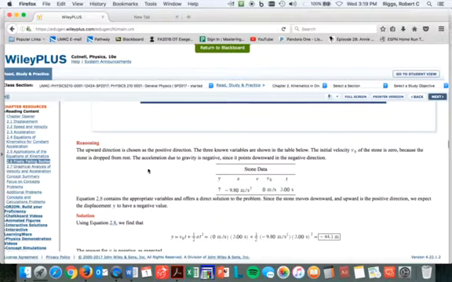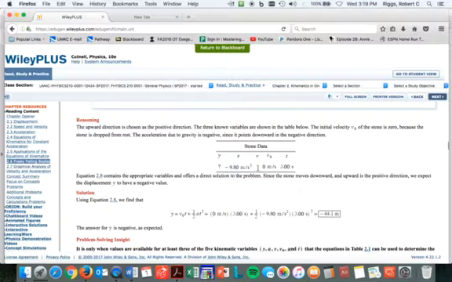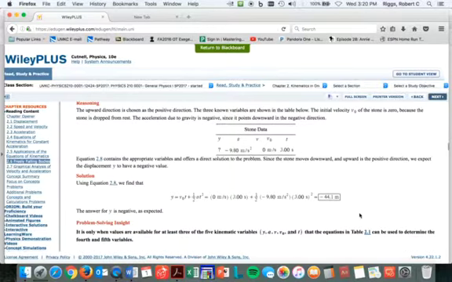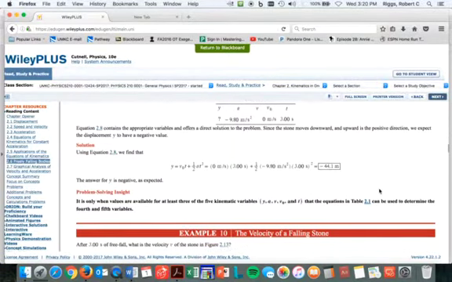Reasoning: the upward direction is chosen as positive, 3 unknowns. Here's the acceleration, the velocity we don't know, and then they pick this equation, which I would too, because the initial velocity is 0: 0 times 3 plus negative 1/2 a t squared, so it fell in those 3 seconds negative 44 meters.